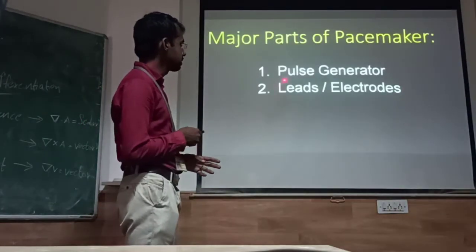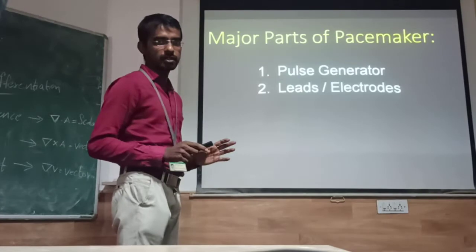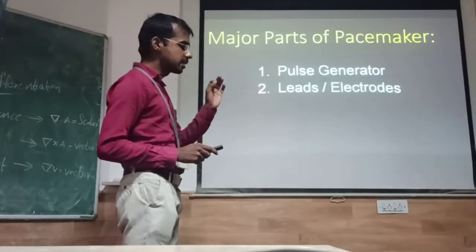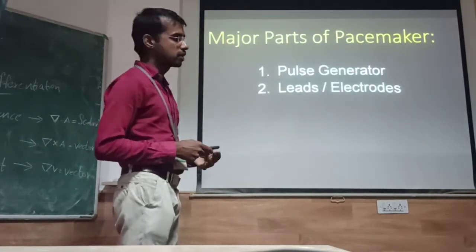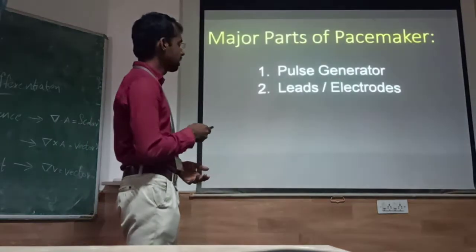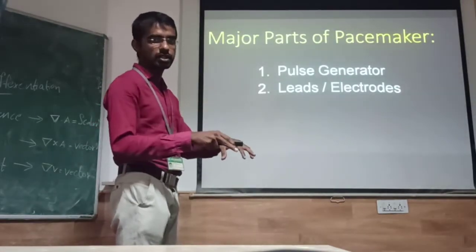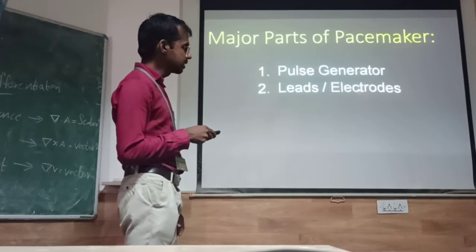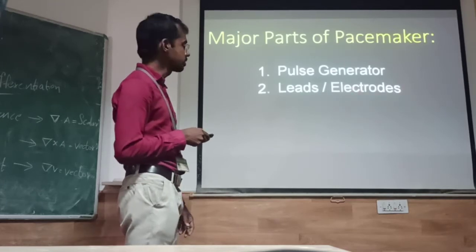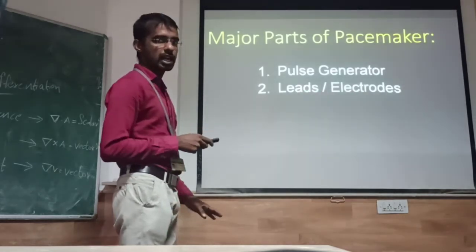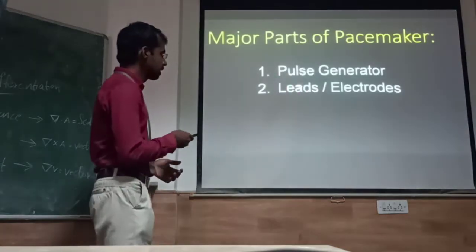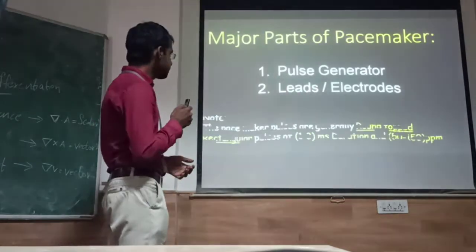There are two major parts. One is the pulse generator, whose agenda is to generate a pulse similar to the one created by the sinoatrial node. Other than that, these pulses should reach the body. If it is an external pacemaker, we have electrodes. If it is an internal pacemaker, we will have leads.